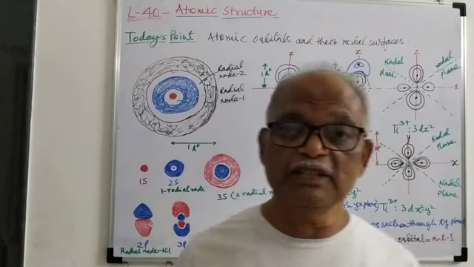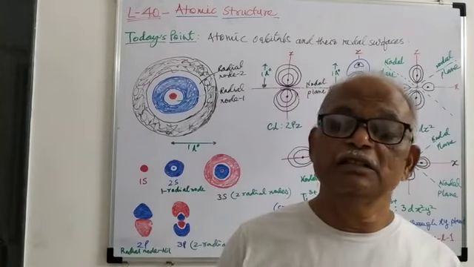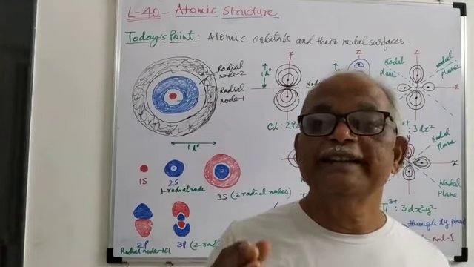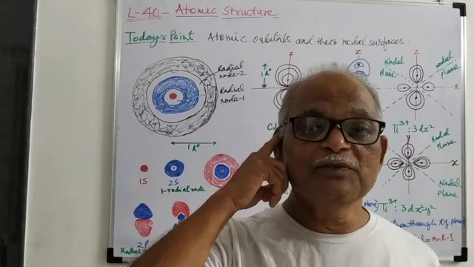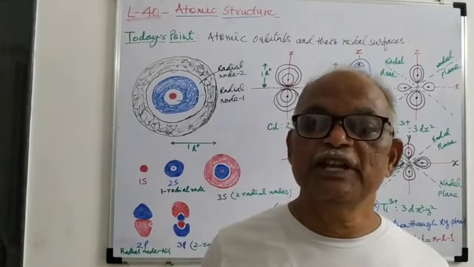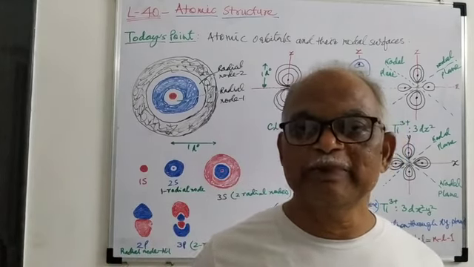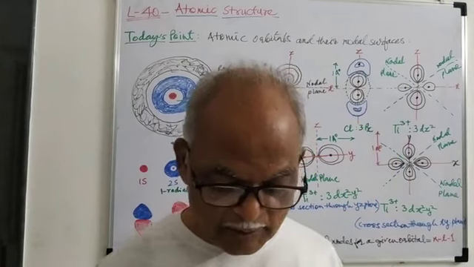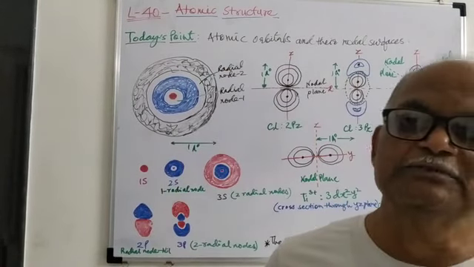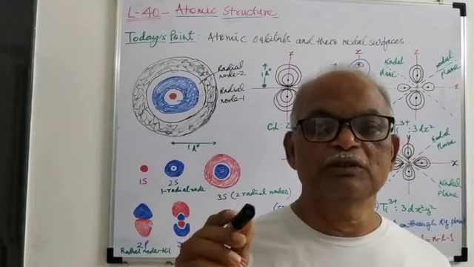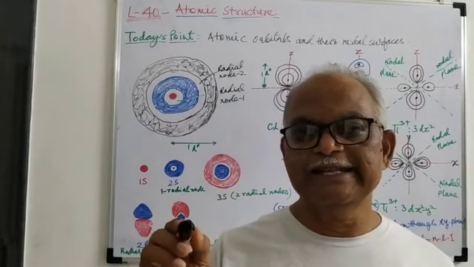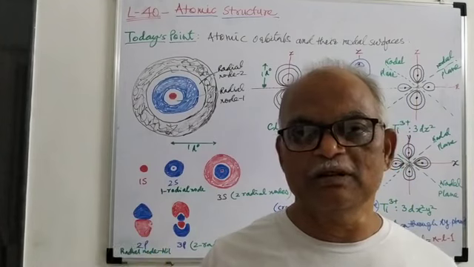So we have seen the L values, starting from 0, 1, 2, 3, etc. These values speak about the various atomic orbitals. As we saw last time, the 0 value for L indicates the s orbital.